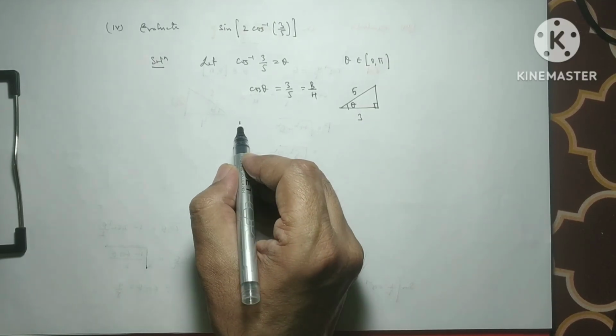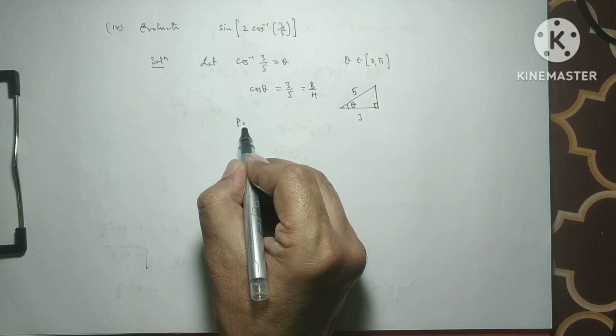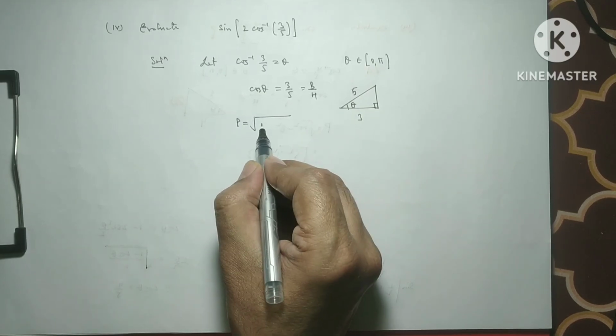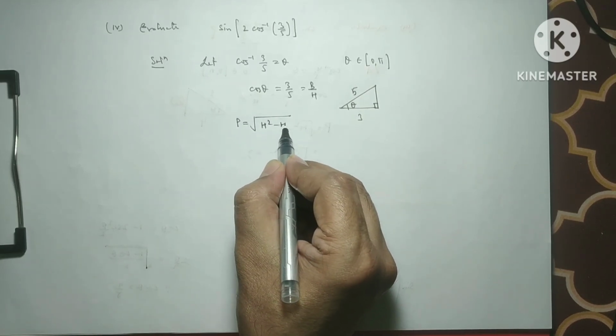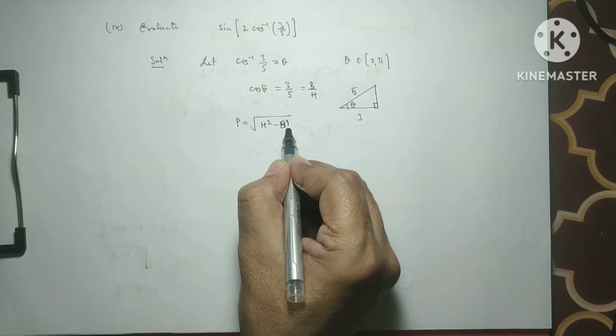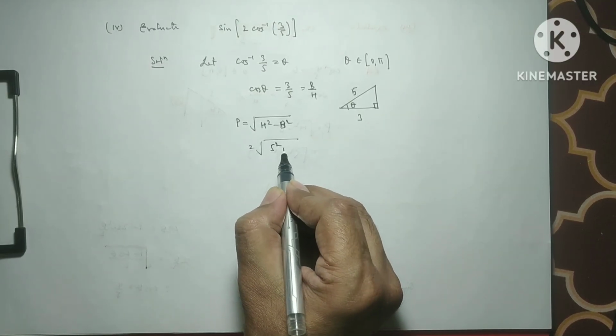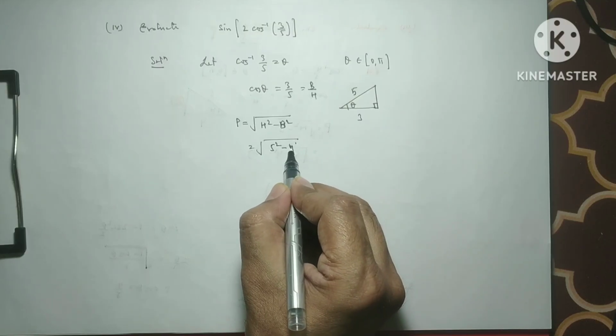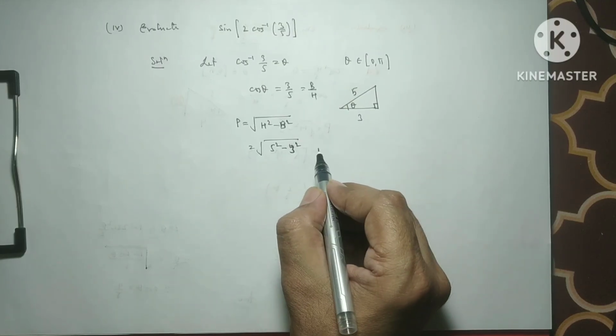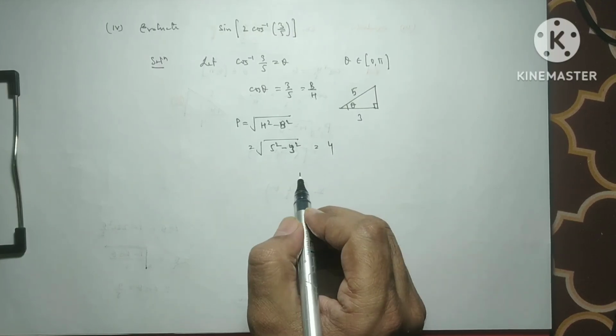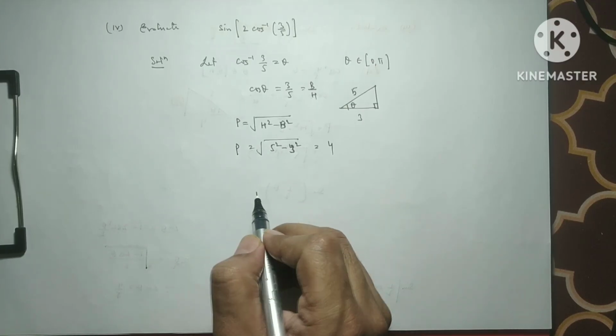That means when you collect the perpendicular, that becomes h square minus b square, and we get the value 5 square minus 3 square, so it is 16. Root 16 is 4, so perpendicular is 4.